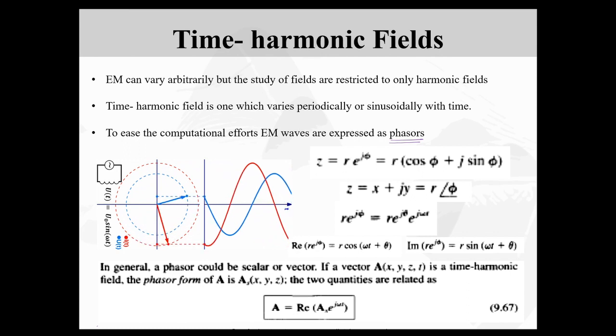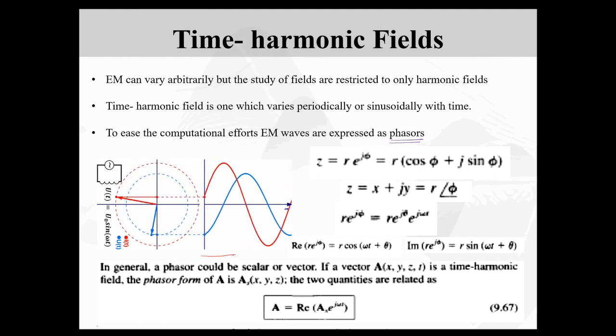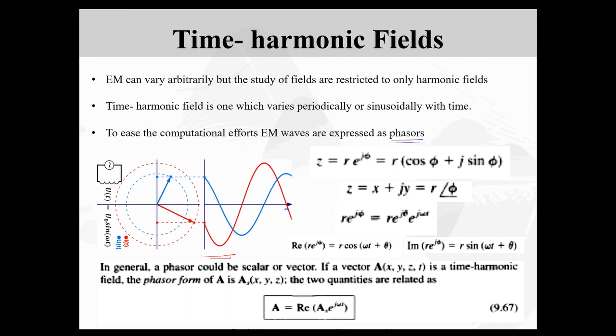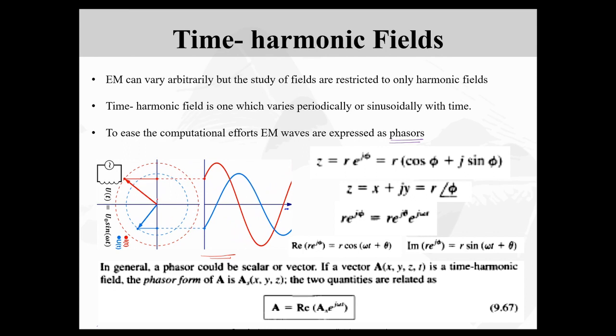So now let us see what you mean by a phasor. You can see here in this small GIF the circular motion of the vector. The vector is pivoted at the origin, extending to a certain amplitude.